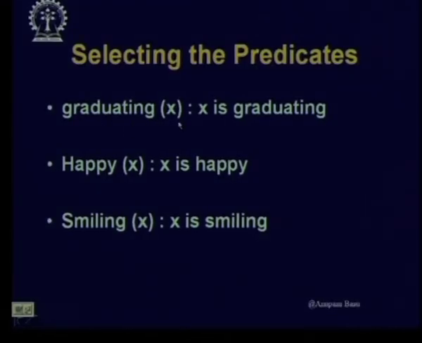In order to make the statement X is graduating, we have selected a predicate graduating X. We use happy X. Strictly speaking, depending on the programming language we will be using, there will be some syntax. Here I have taken some unnecessary liberty. Maybe a convention should have been followed that all these predicates should start with a small letter, but forget it for the time being. X is happy, I can write as happy X. X is smiling, smiling X.